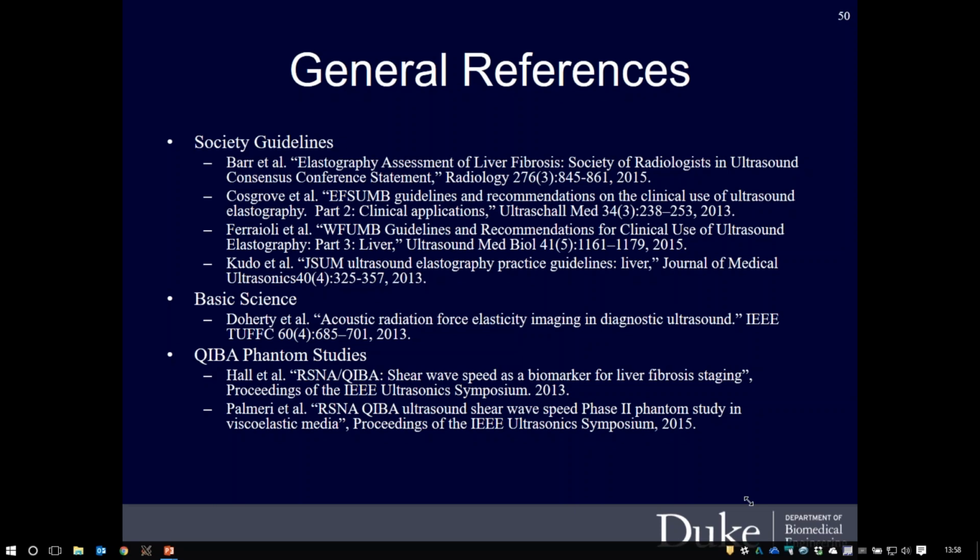Those things will degrade image quality, and that makes the tracking of the shear waves more complicated, and that's why one of the recommendations for optimizing success for shear wave measurements is actually to get the best B-mode image possible. That's the best qualitative sign that you should get the highest likelihood of good shear wave data to reconstruct.